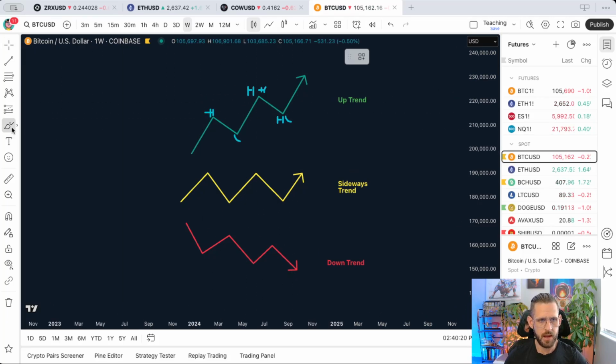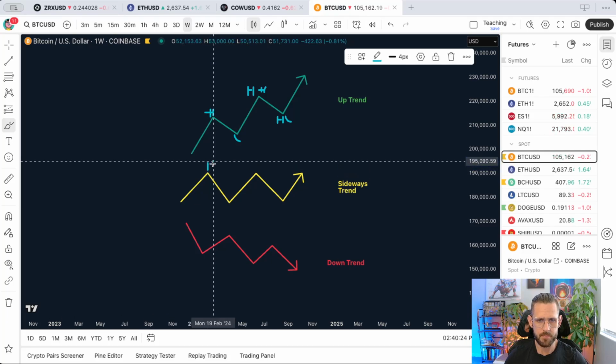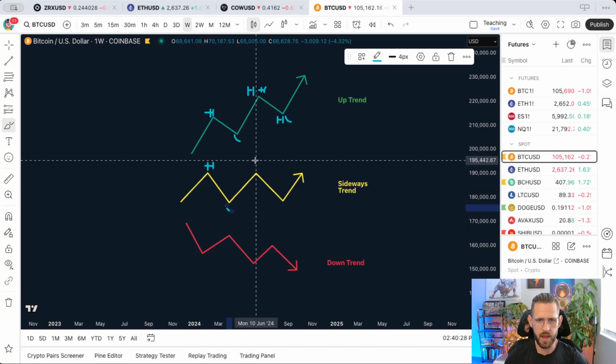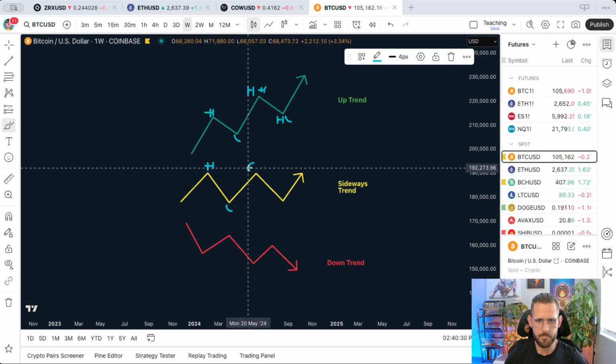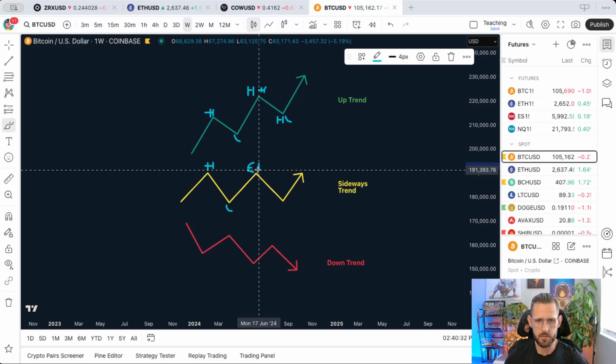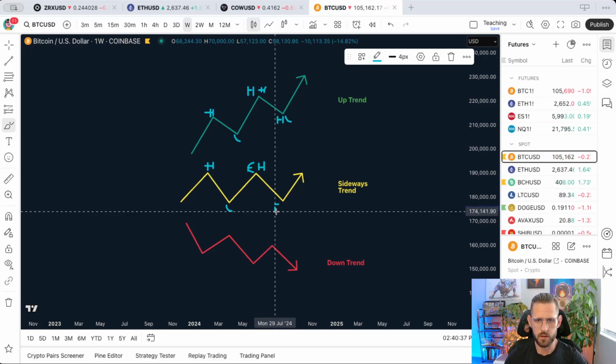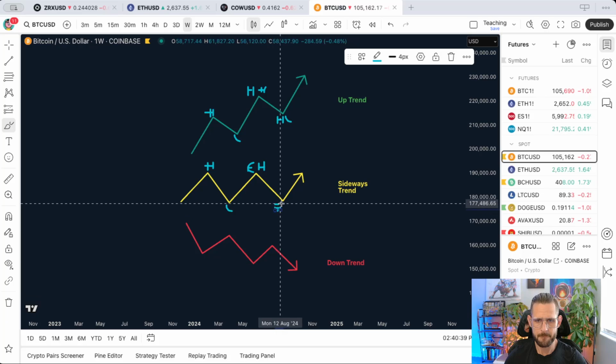Okay. And very similar, we have our sideways trend, which will be our high and then our low. And then we have our equal high. Okay. And then our equal low. Okay.